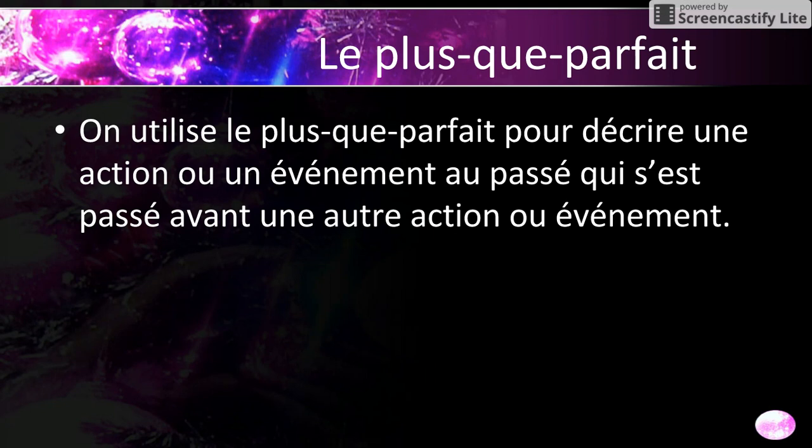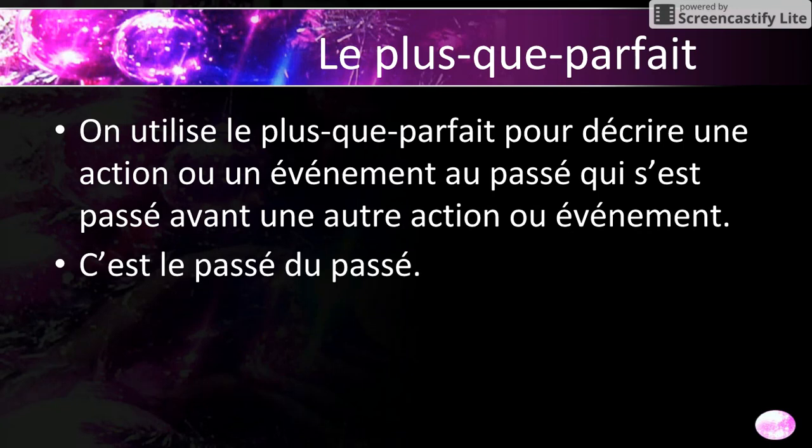And often we translate this as had done something, where the passé composé is I went, the plus que parfait would be I had gone. And that had really lets somebody know that that action occurred slightly before the other passé composé action.